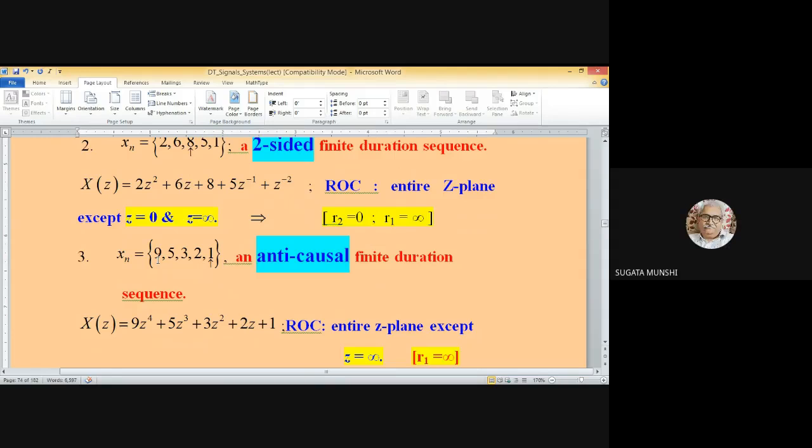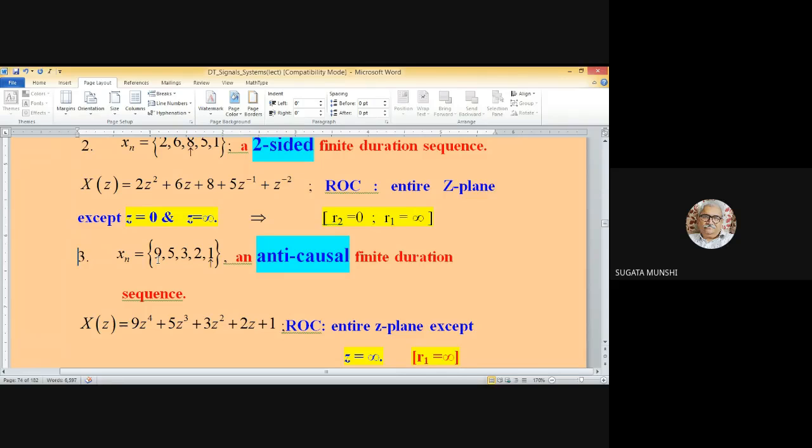You can have a mixed composition also. There may be a sequence that will have a finite number of samples to the right of n equal to 0 and may have infinite duration to the left of n equal to 0. Or you can have a sequence that has an infinite duration to the right of n equal to 0, while on the negative side of n, it will have a finite number of non-zero samples.